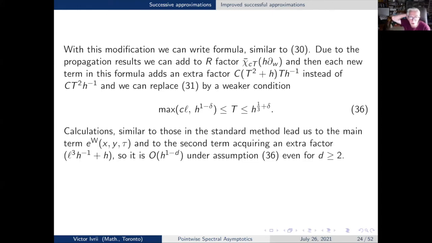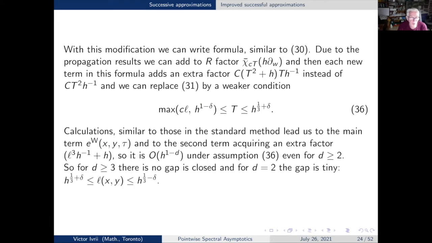Calculations similar to those in the standard methods lead us to the main term, and the second term acquiring an extra factor like this. So it would be h to the minus d under this assumption even for d greater than 2. So for d greater than 3, there is no gap. Okay.